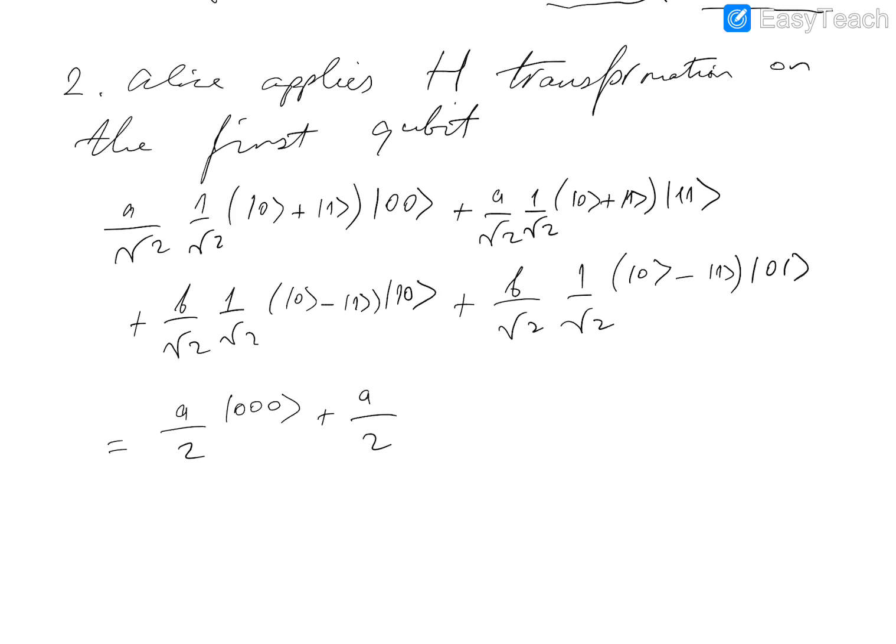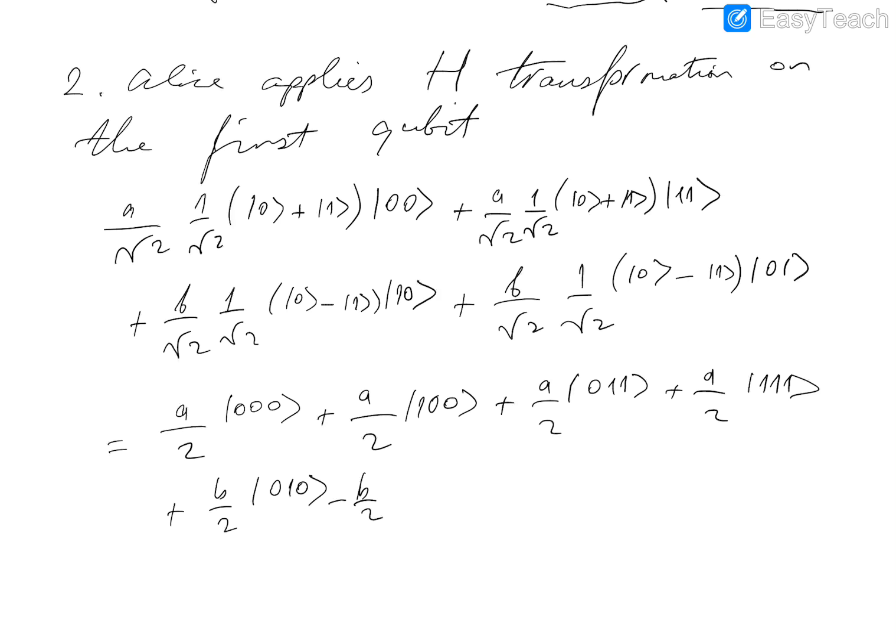And then we have a over 2, 1, 0, 0, plus a over 2, 0, 1, 1, plus a over 2, 1, 1, 1, and plus b over 2, 0, 1, 0, minus b over 2, 1, 1, 0, plus b over 2, 0, 0, 1, and finally minus b over 2, 1, 0, 1.